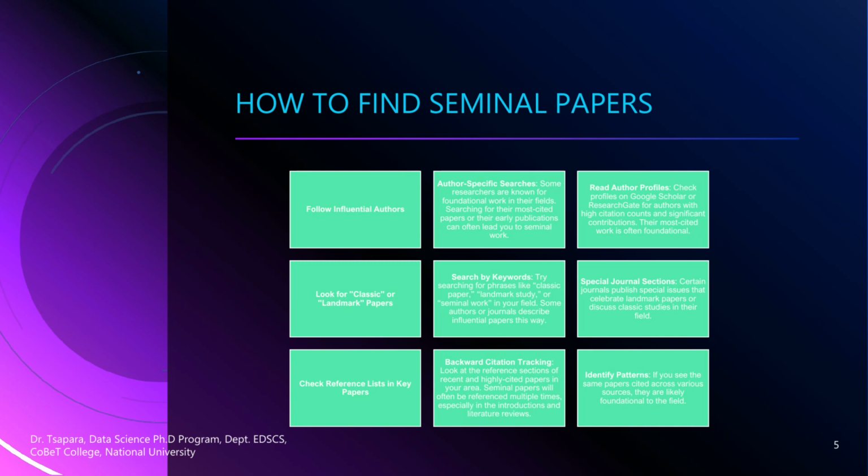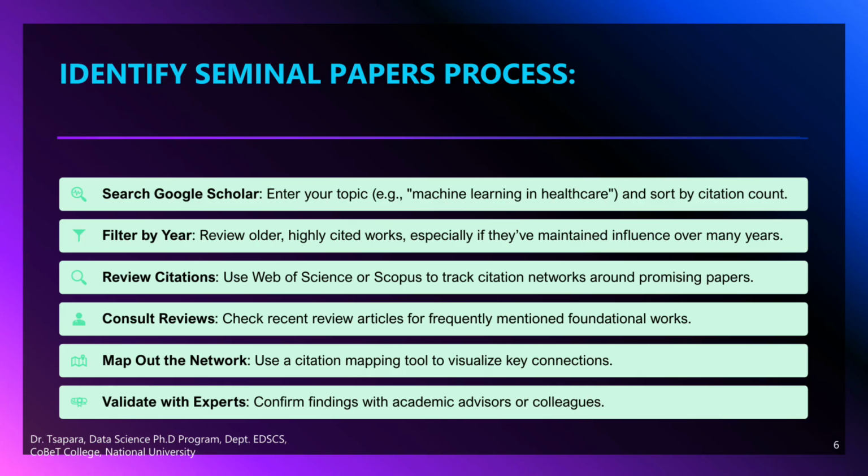Finally, check author profiles on platforms like Google Scholar or ResearchGate, and look for repeating citation patterns. These patterns signal enduring influence. Identifying these papers will not only deepen your understanding, but also help you situate your own research within the broader academic conversation.